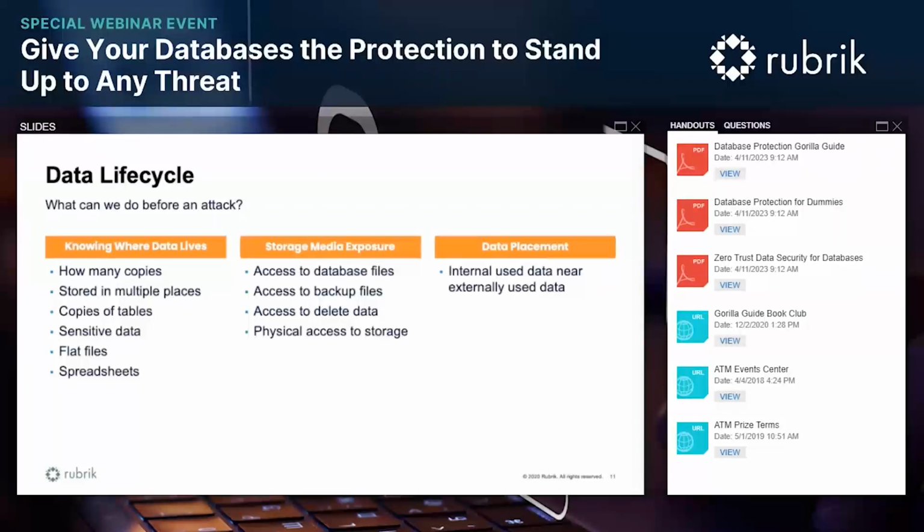If we have that data coexisting with externally accessible data, we're setting ourselves up for a breach. We want to make sure we've got some degree of separation and protections around the data that we need to have secured, and we don't want to have accessed externally. That way you can try to prevent a lot of those problems before they happen.